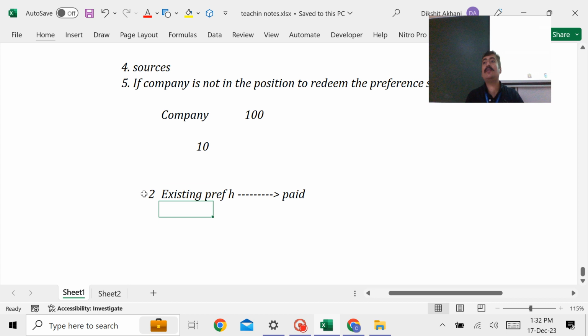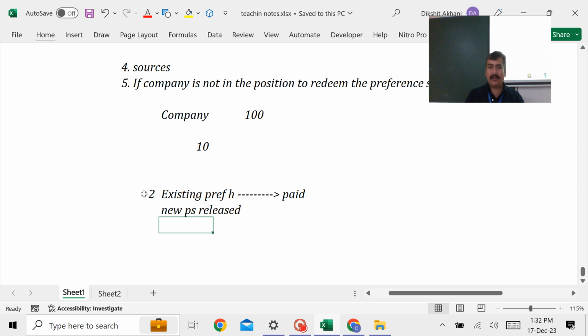Assumed as what? Paid. And in place of the old preference shares, new preference shares will be released. So this is nothing but the renewal process. If these two conditions are satisfied, old preference shares would be assumed as paid, and in place of that, new will be assumed as taken into place.